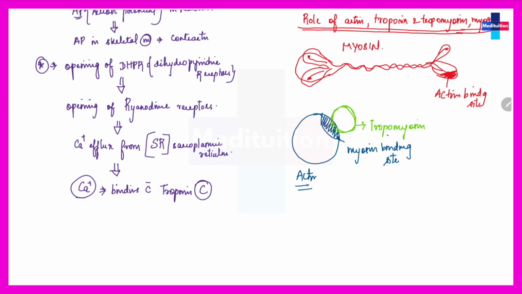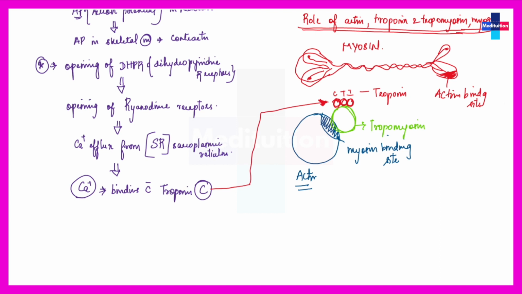Further, this tropomyosin is covered by another protein complex, troponin, which has C, T and I subunits. Once this troponin C is bound with calcium, that is what happens over here. You can see calcium binding with the troponin C.